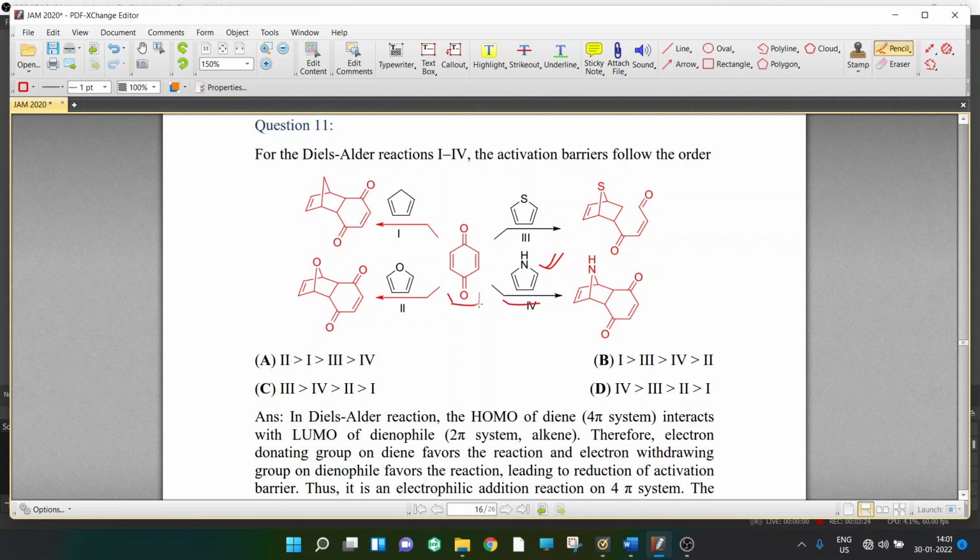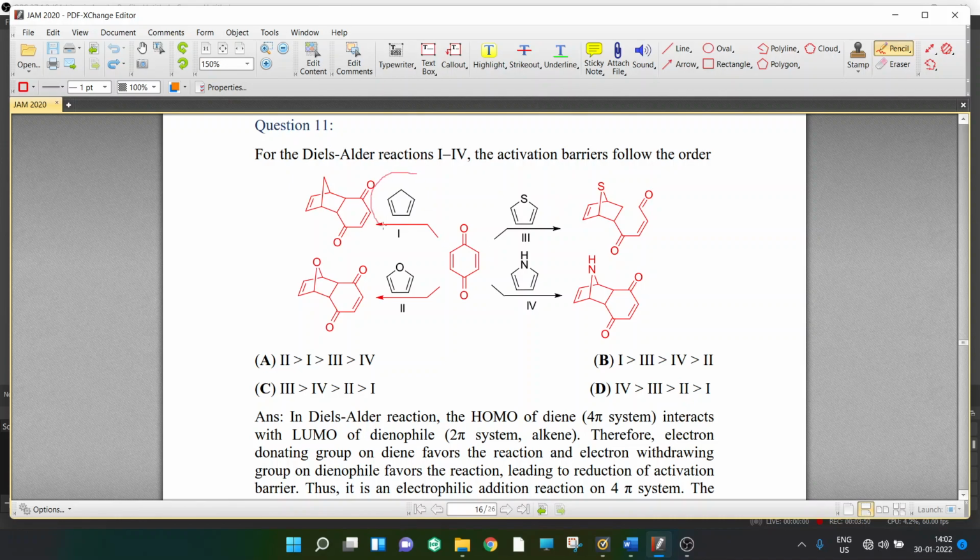LUMO means lowest unoccupied molecular orbital, so it acts as an electrophile. It accepts electrons. We cannot do anything about the dienophile, so let us talk about the dienes. What we need is more and more electrons in the diene, because they will add nucleophilically, right? And so let's go one by one.